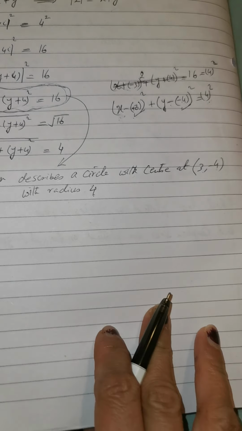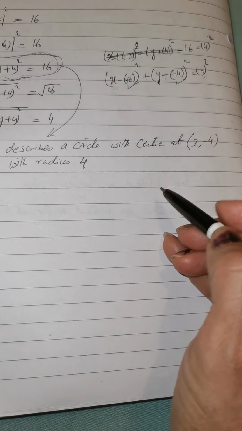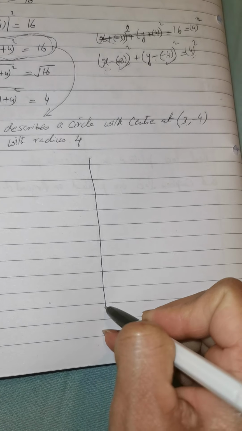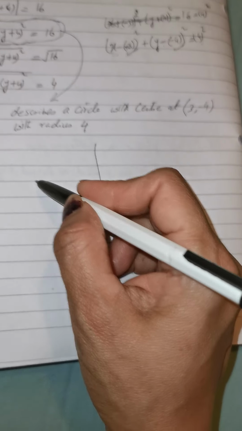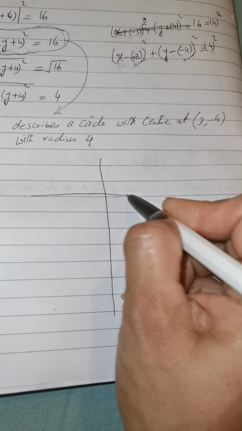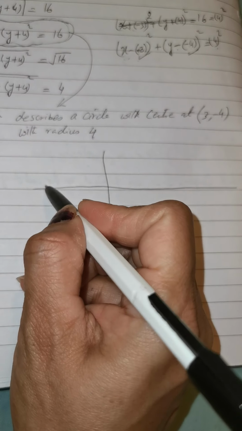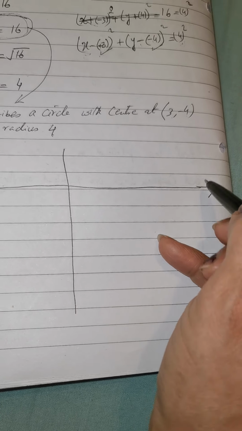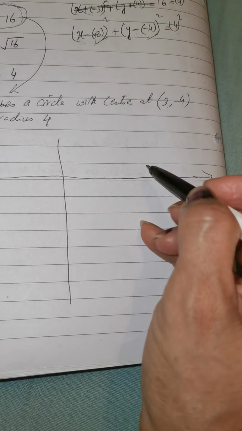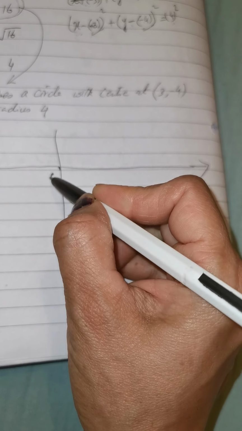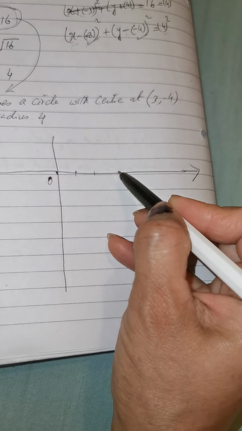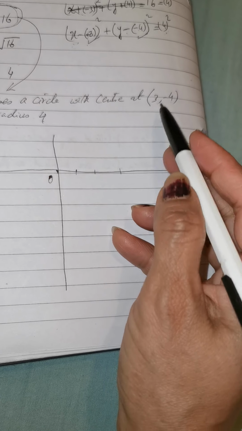Now how can we draw it on the Argand diagram? In the Argand diagram, you know that the vertical axis is our imaginary axis, and we have a real axis along the x-axis. So the center is at 3, minus 4. From the origin, I will move 3 steps here, 1 2 3, and minus 4.